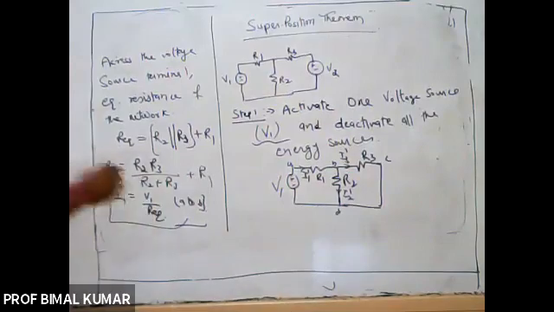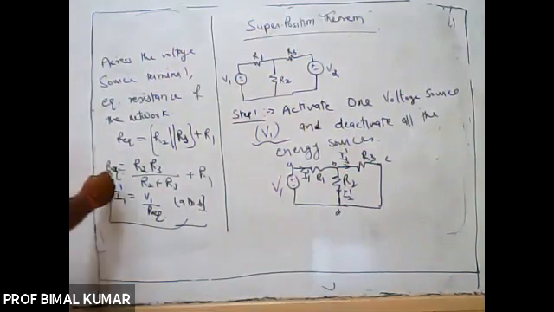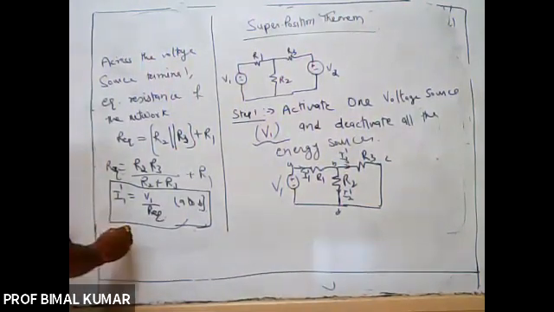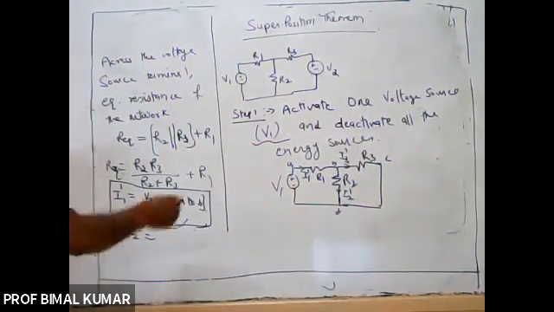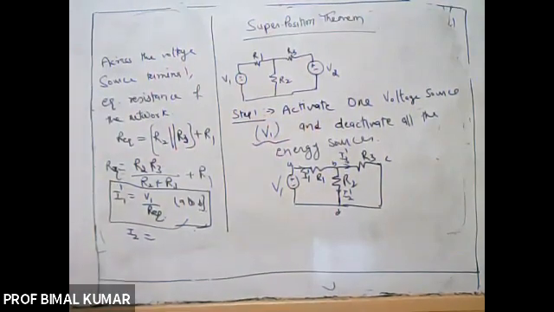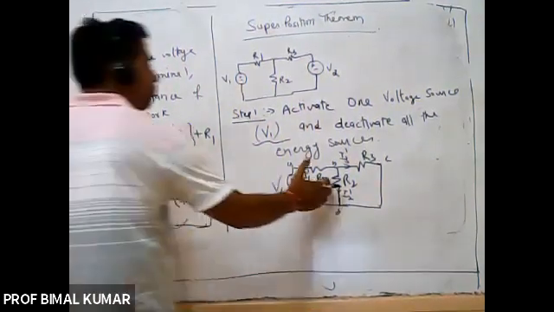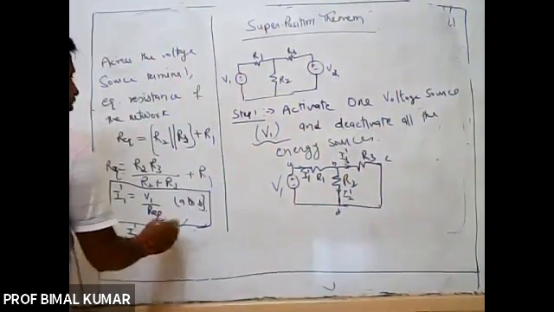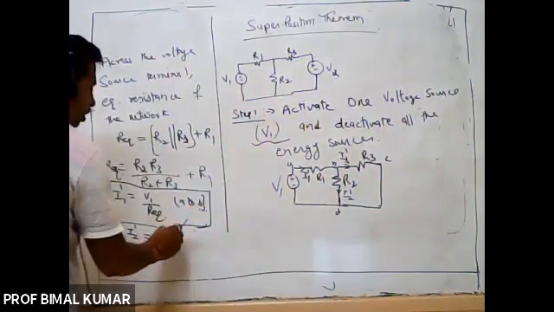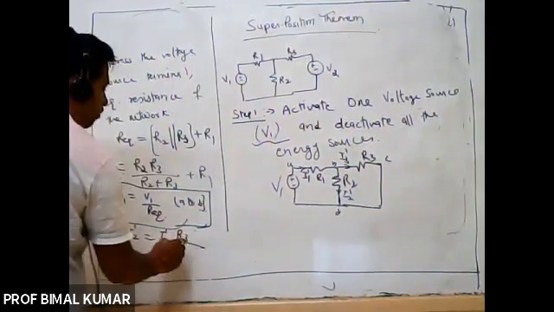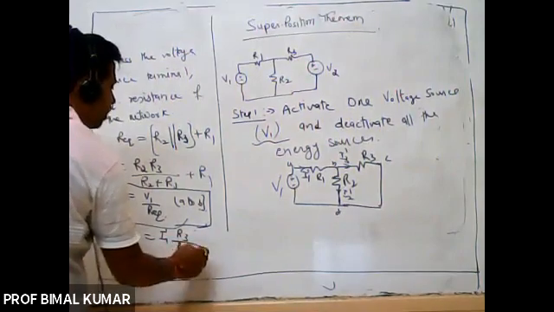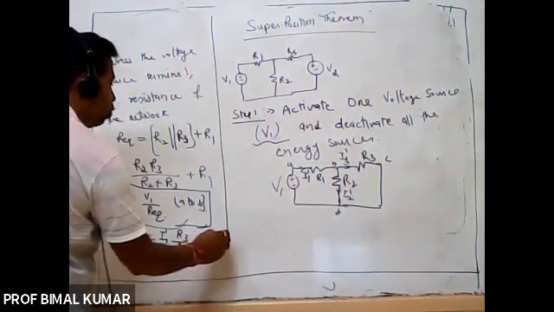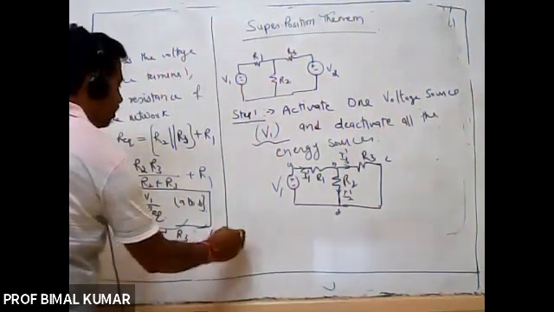Then I2 dash may be calculated by using the current division method. Two resistances are in parallel, total current is I1 dash, so I2 dash is equal to I1 dash into opposite resistance, that is R3, divided by the sum of both resistances, that is R2 plus R3, right? And here direction is from B to D, right?